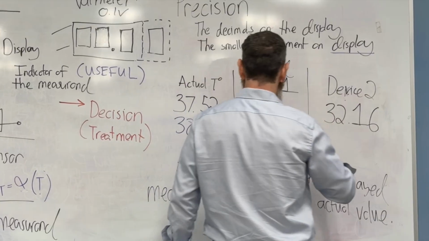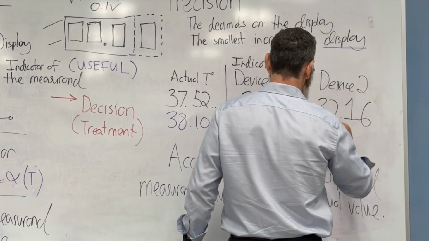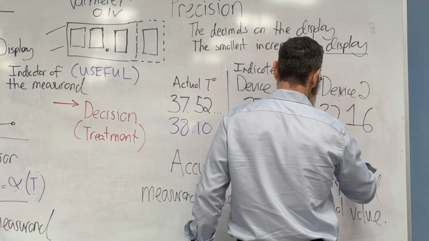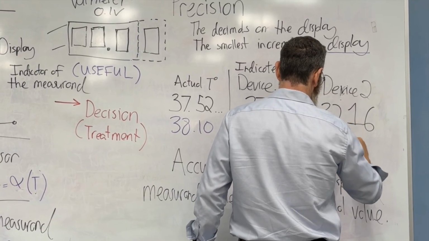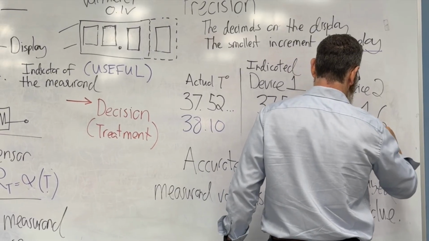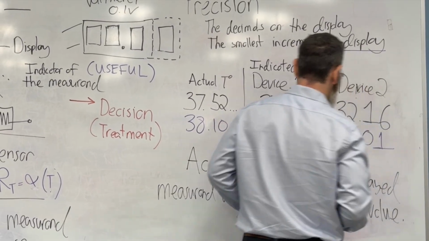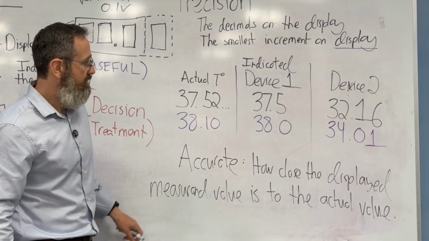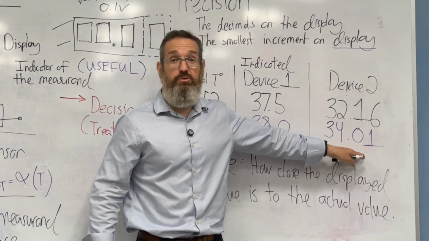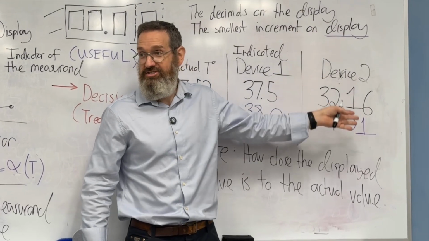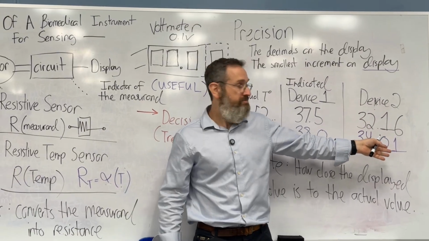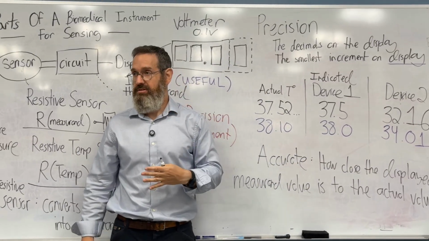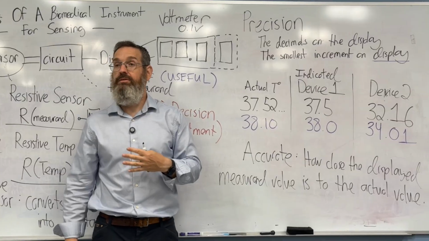And this device here, it's going low, reads 34.01. Once again, this device remains the winner with regard to precision. It always will be. But it is not the winner in regards to accuracy. Okay.